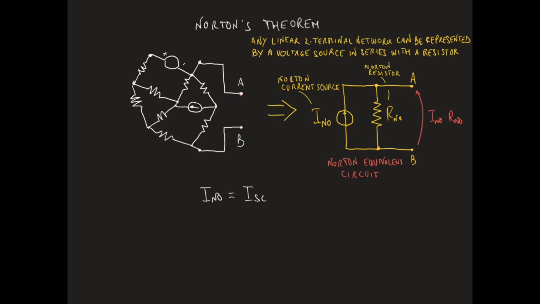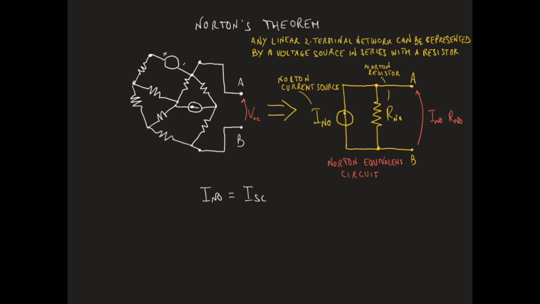The voltage between nodes A and B is actually the voltage drop across the resistor R_NO. Since the circuit on the left and the Norton circuit are equivalent to each other, then the open circuit voltage between nodes A and B in the starting network must be the same as the open circuit voltage between nodes A and B in the Norton equivalent circuit.